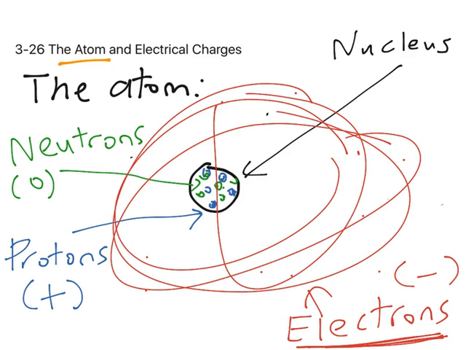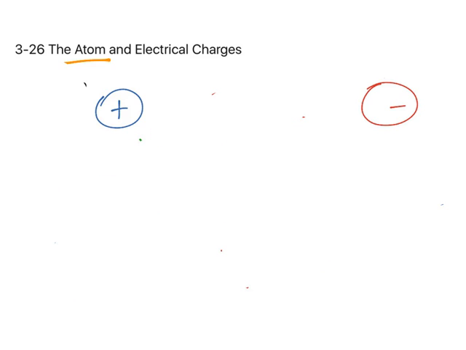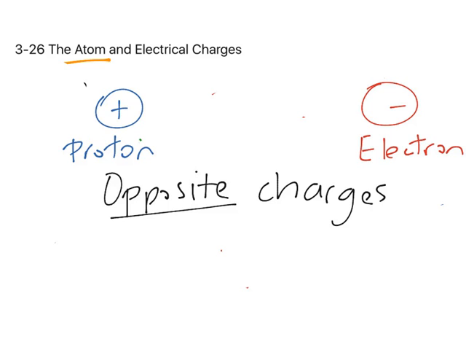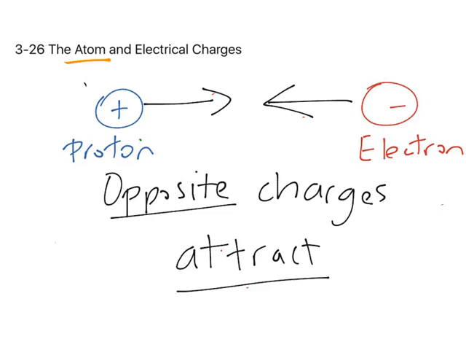What does it mean to say that protons have positive, electrons have negative charge? If we have a proton and an electron, they have opposite charges. If their charges are opposite, they will want to come together. So we say that opposite charges attract.